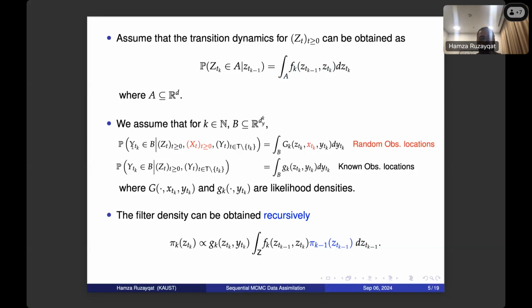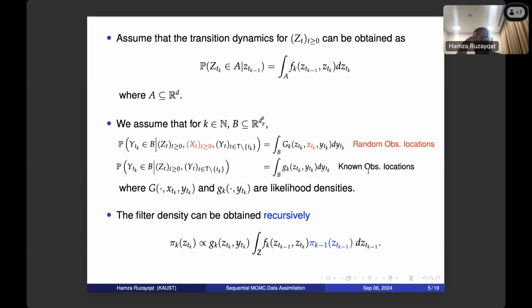And also assume that the probability of finding the observations in a set B, a subset of R^(d_yk), given all the state variables up to time t, and also all the unknown locations, x_t, and the data up to time t_(k-1), is an integral over B of the likelihood density, which is written as capital G_k, and it includes the random location X_tk.